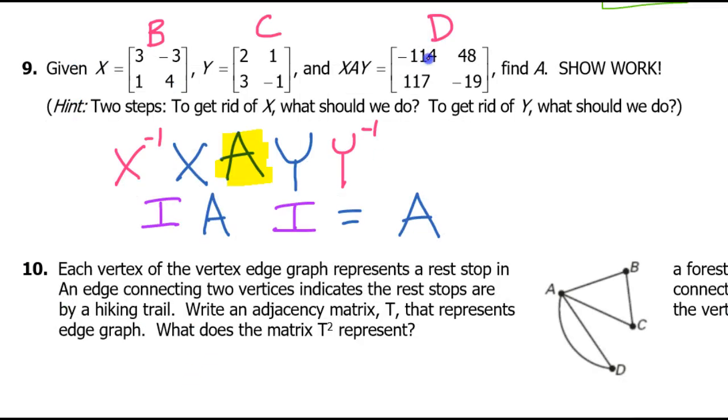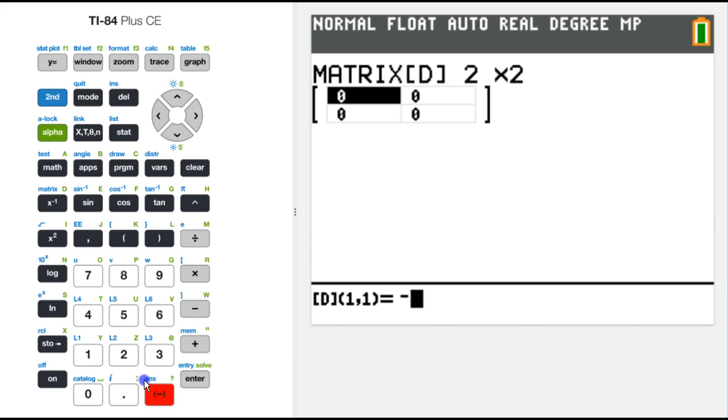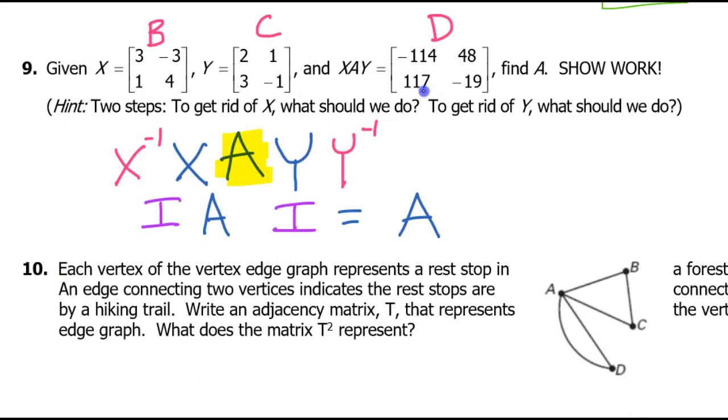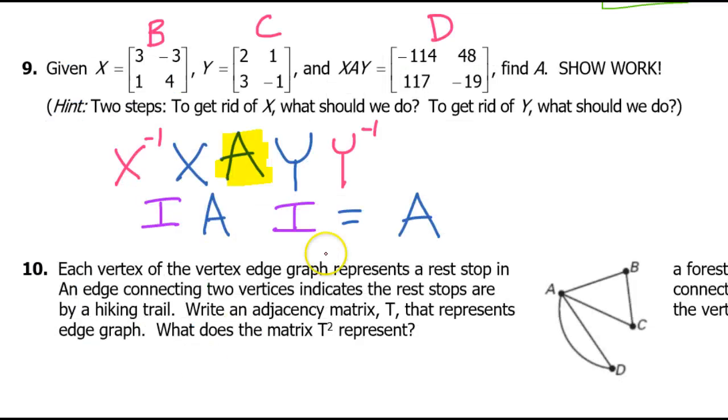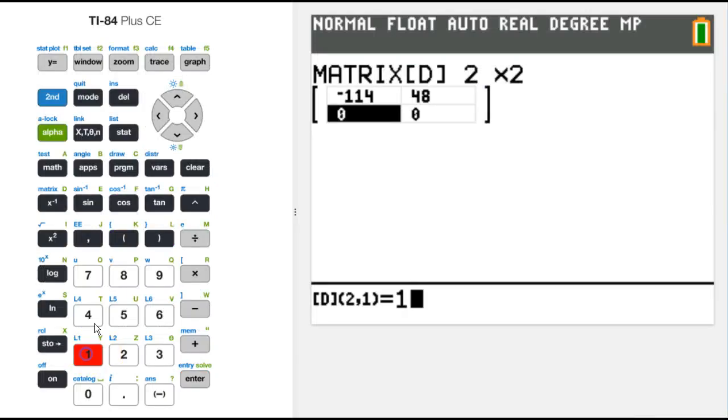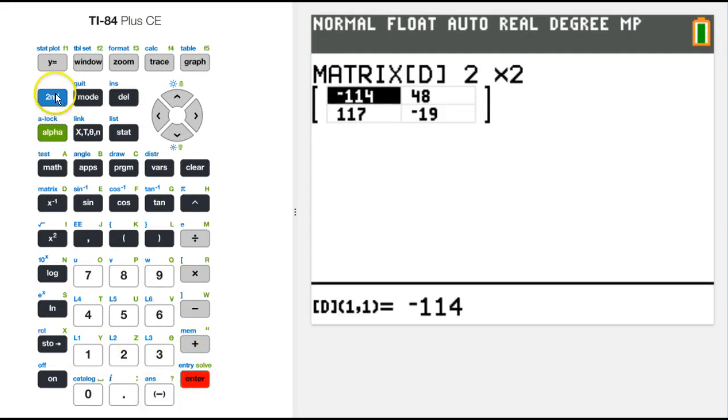So this is negative 114, 48, 117, negative 19. I'm going to quit my way out.